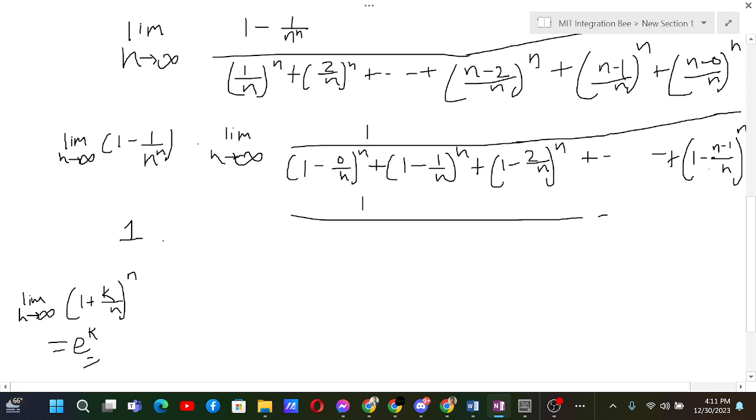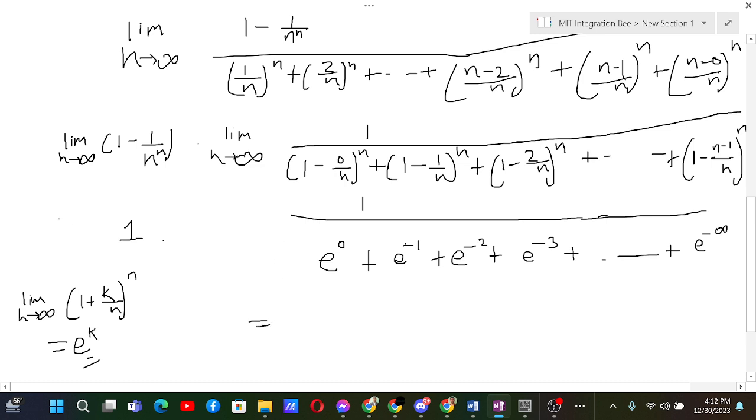So basically there are infinite terms, and if we write these expressions in terms of e, this will be e to the power 0 plus e to the power minus 1 plus e to the power minus 2 plus e to the power minus 3, and the last term is e to the power minus (n minus 1). But n is going to infinity, so the last term will basically be e to the power minus infinity.